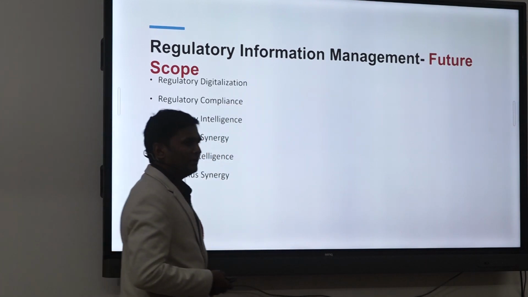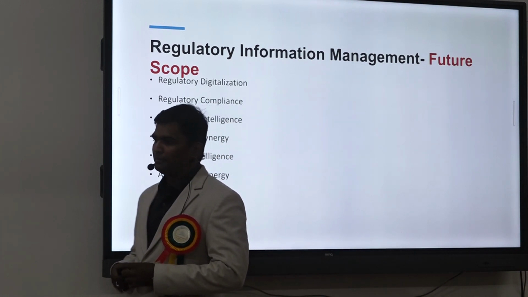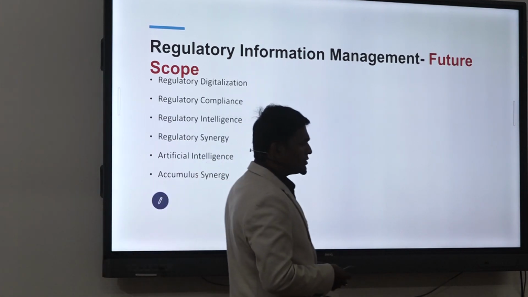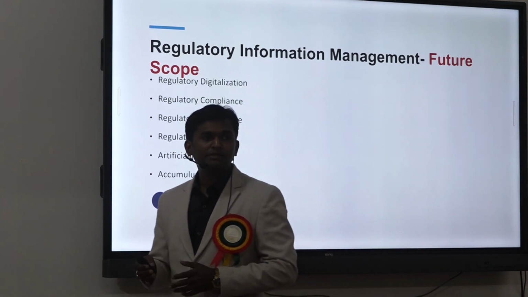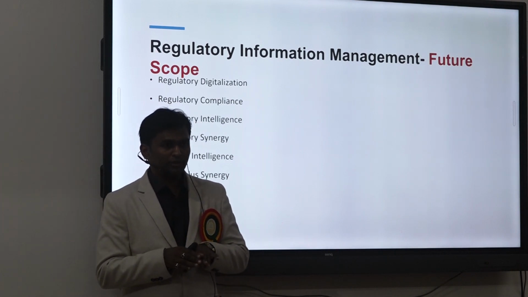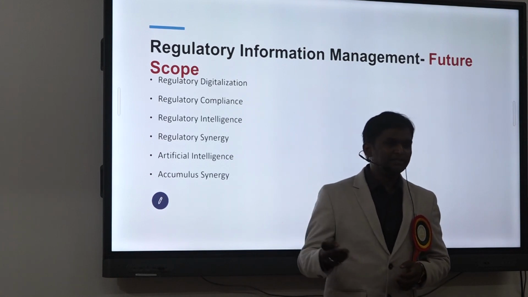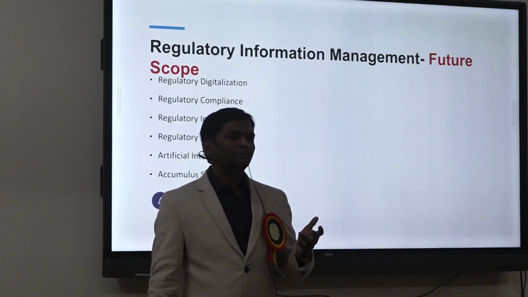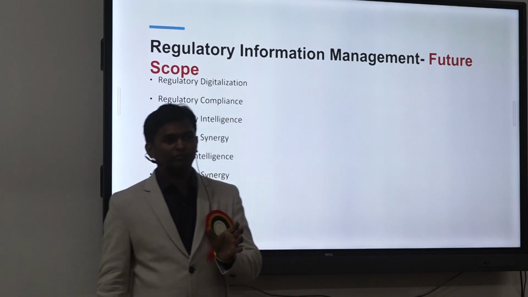Accumulate Synergy. Very few people in the industry know what is going on with Accumulate Synergy. It is one kind of company that is dealing with different life science companies and health authorities to create one single platform to track regulatory applications and regulatory forms. Initially we used to have a PDF application form for the Europe region.